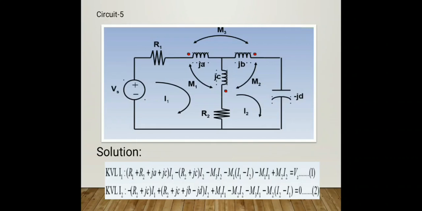Okay. Then JB. In that I1 enters and I2 leaves, so minus again M3 I2. Assuming JC, I1 enters JA and leaves JC, so minus M1 I1. You may understand, I think so.